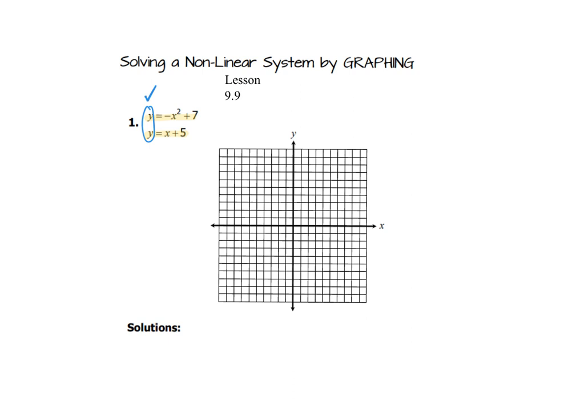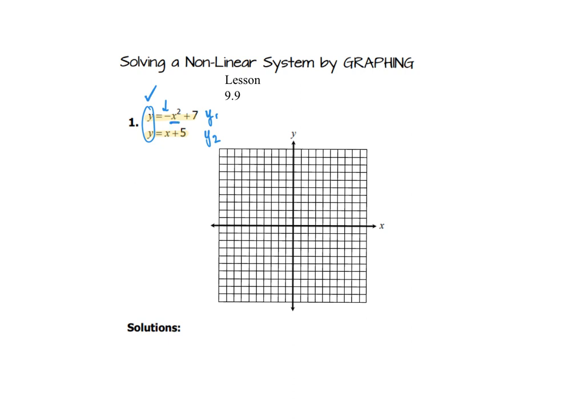And you can type both of them in at the same time. So this will be on your y1, and the second equation, the x plus 5, will be on your y2. So go ahead and go to your y equals and type both of those in at the same time, and then hit graph. Now what you should be seeing as you type these in is a sad parabola, because we have that negative sign in front of our x squared.